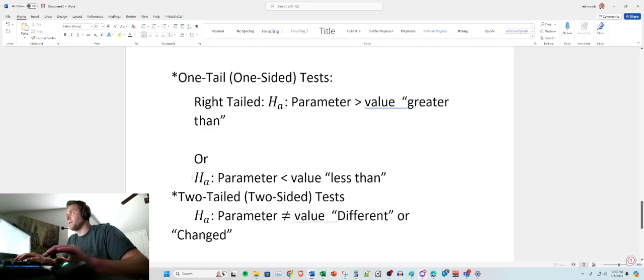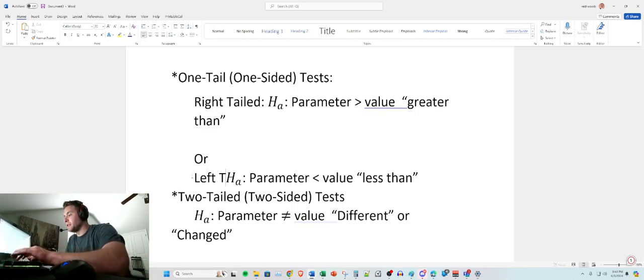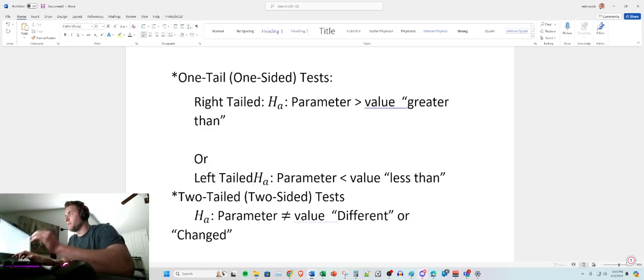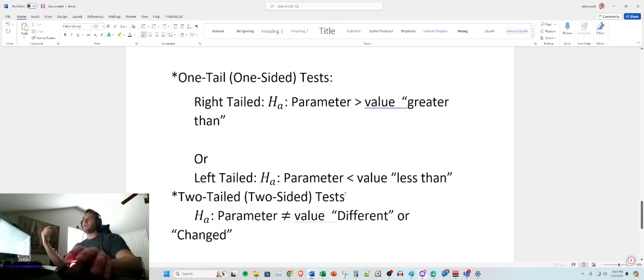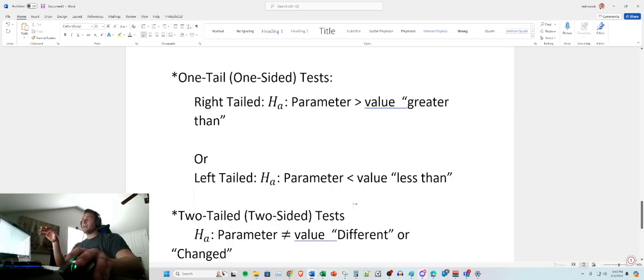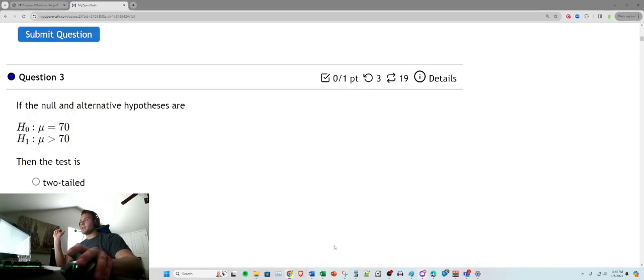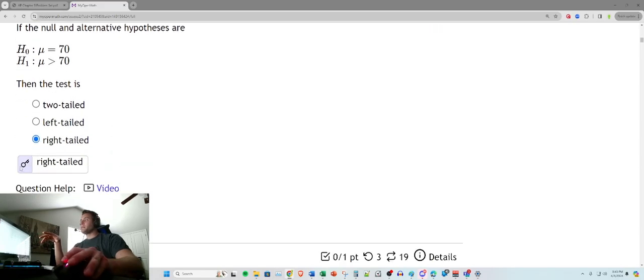And in front of this one, this would be left-tailed, where the parameter is less than. So less than is left, greater than is right. I'm glad that I looked at that problem so that I could specify that. So this one is in fact a right-tailed test.